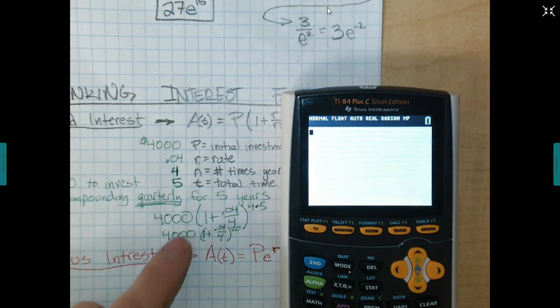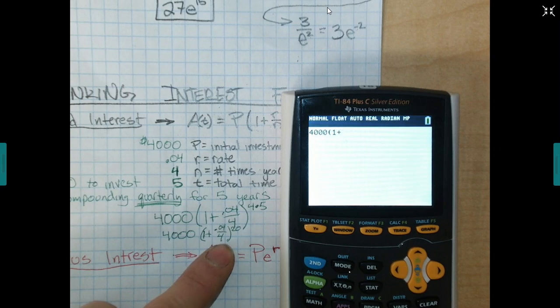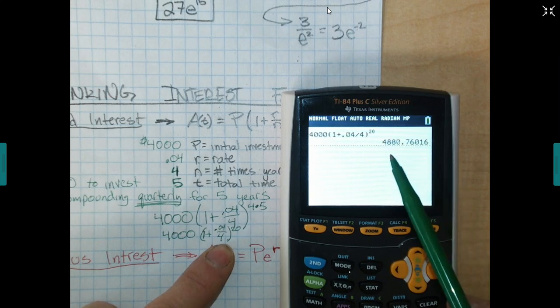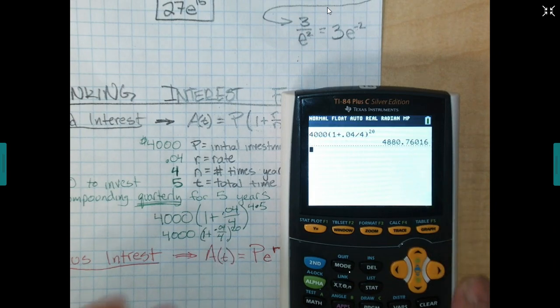So 4,000 times 1 plus 0.04 divided by 4 to the 20th power. So after 5 years, I will have $4,880.76.